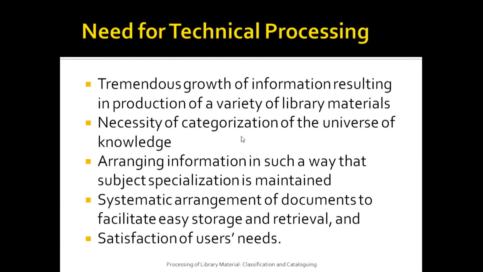In addition to this, systematic arrangement of documents facilitates easy storage and retrieval. So, it is here that cataloging comes to our help. And besides this, satisfaction of users' needs, because users who come to the library are to be satisfied, and whatever material they require has to be provided.